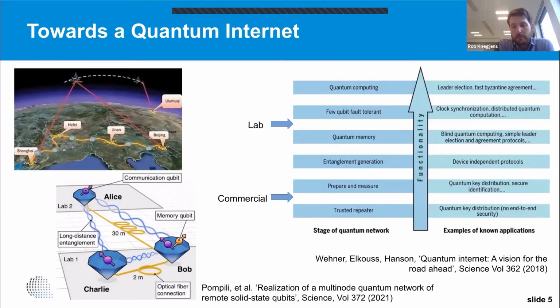Here, quantum key distribution can be achieved by having these trusted repeaters that can read out and re-encode the keys and pass them that way. Moving up in the lab, entanglement has already been demonstrated using satellites and in labs, and that will of course allow for device-independent versions of quantum key distribution. And things get more interesting as you add capabilities like quantum memories. Then you can really go towards applications requiring forms of computation.